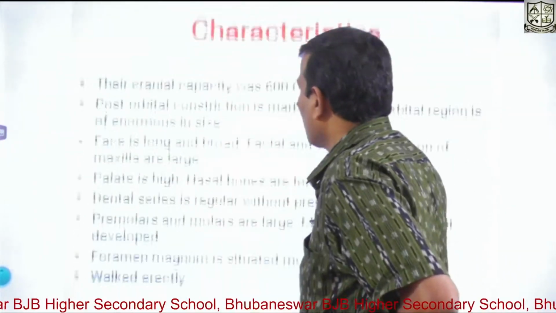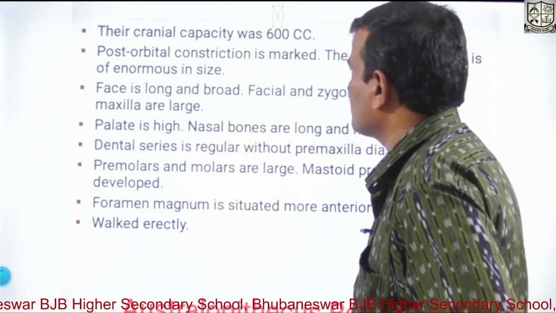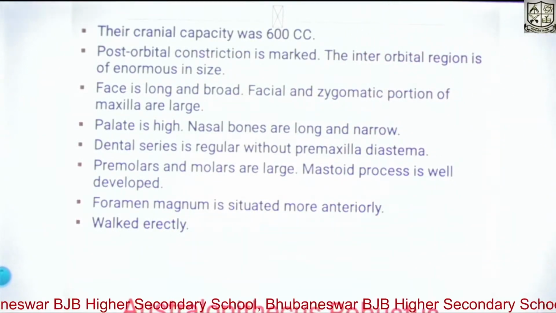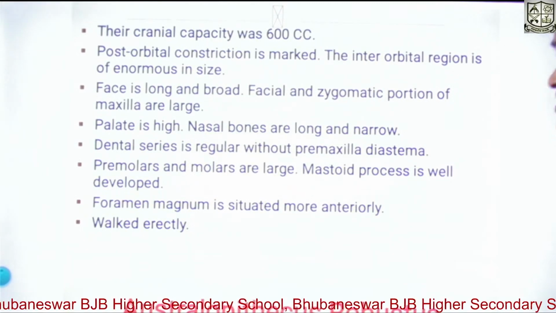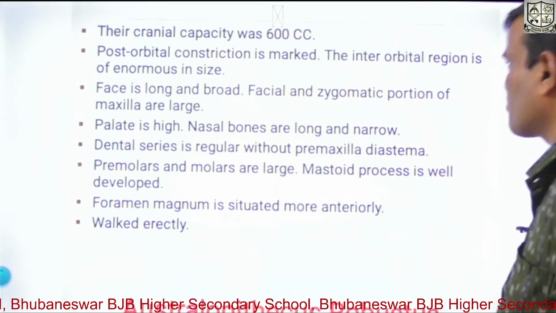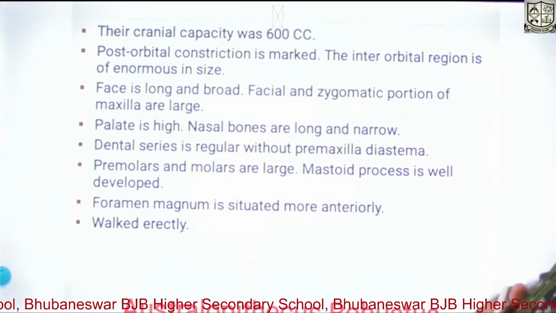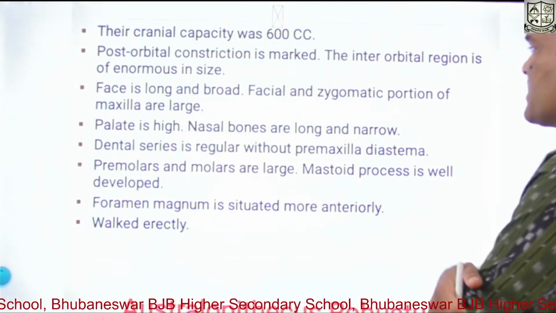The cranial capacity was probably 600 cc and the post-orbital constriction is marked. The interorbital region is enormous in size. The face is long and broad. The facial and zygomatic portion of the maxilla are large. The palate is high.